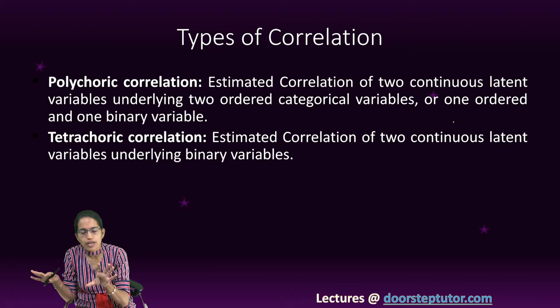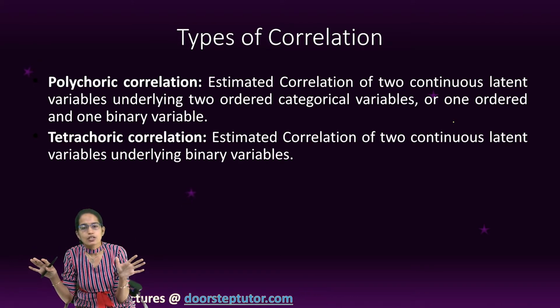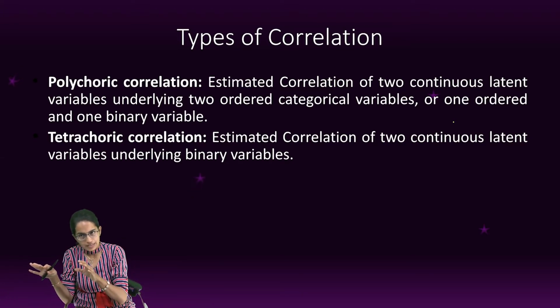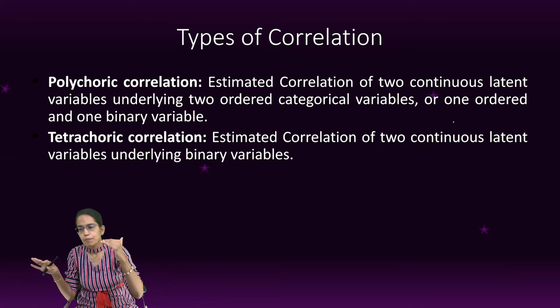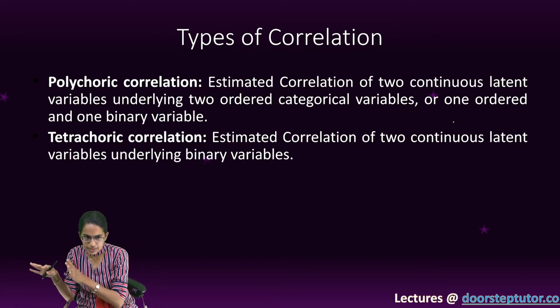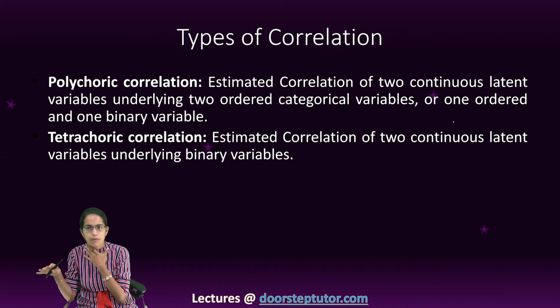Under polychoric, there are again two continuous variables, but there are ordered categories. One could be an ordered category, one could be a binary category. So that is what we call polychoric, but under tetrachoric, it would be continuous data which would have binary variables.